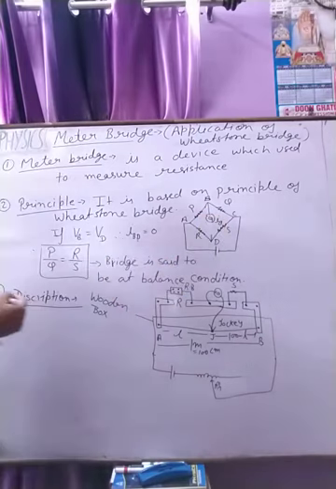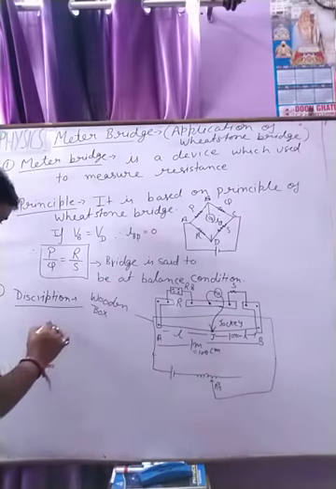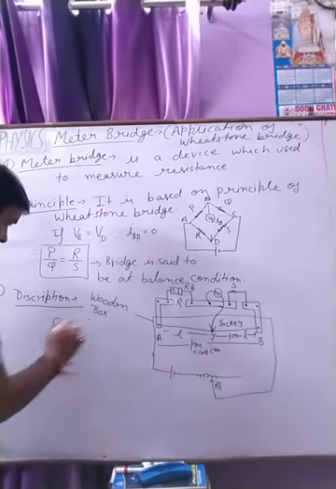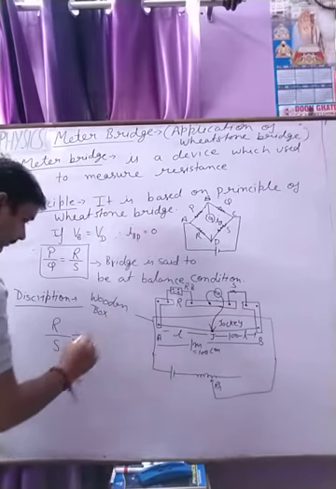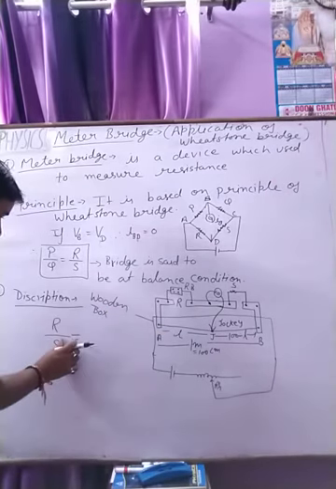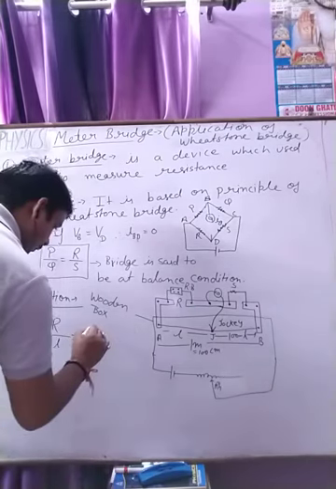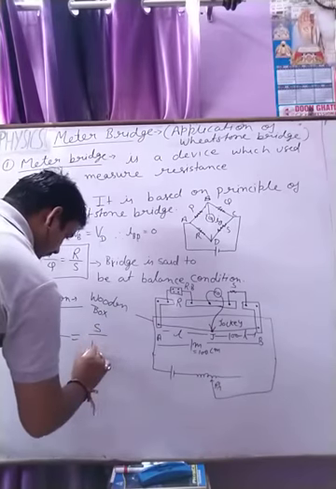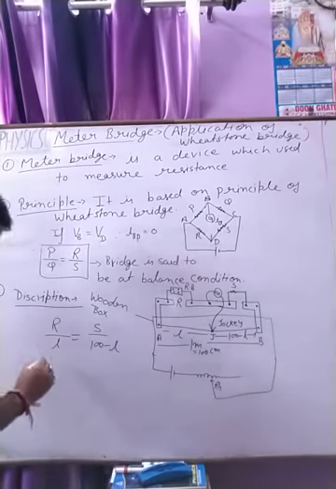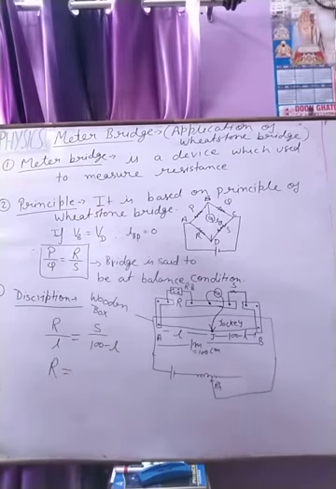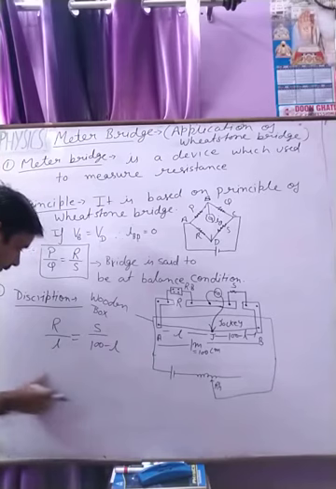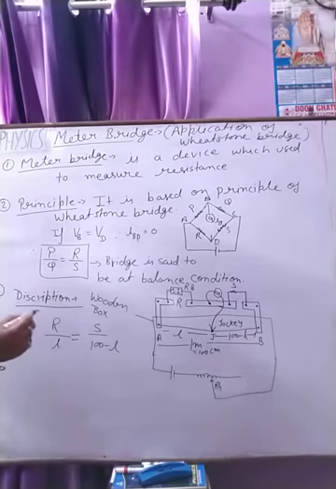Therefore, resistances in series are in the ratio, so R upon S is equal to R upon L is equal to S upon 100 minus L. This we get as the condition.